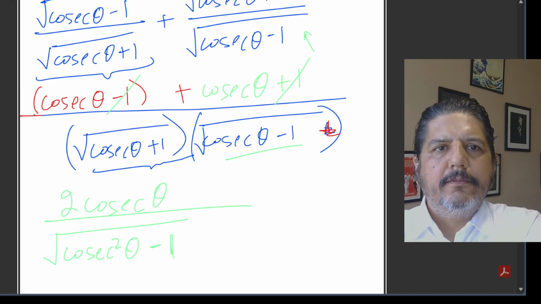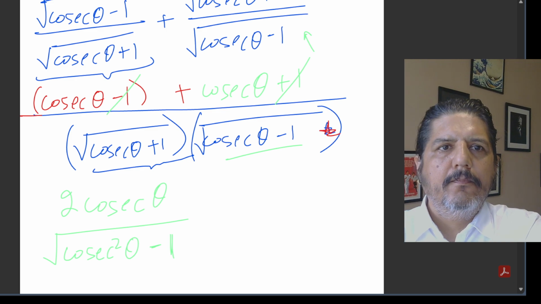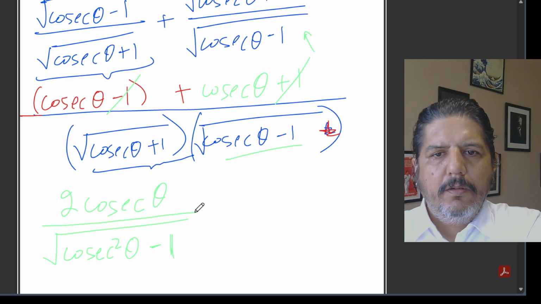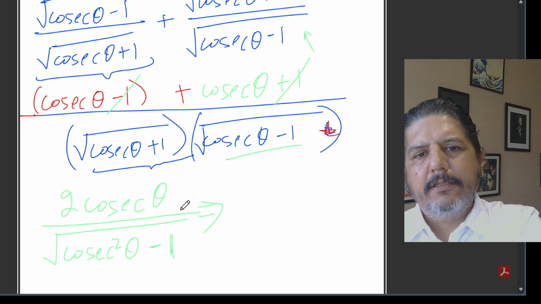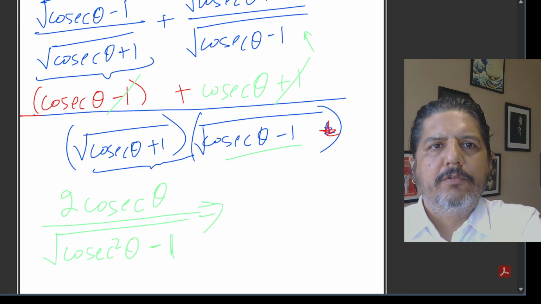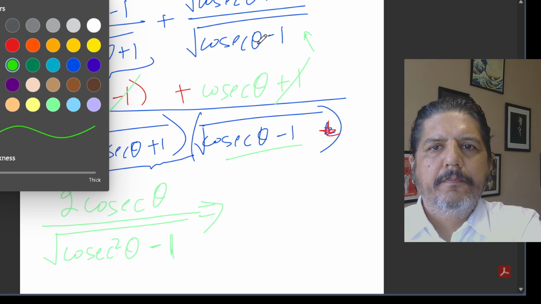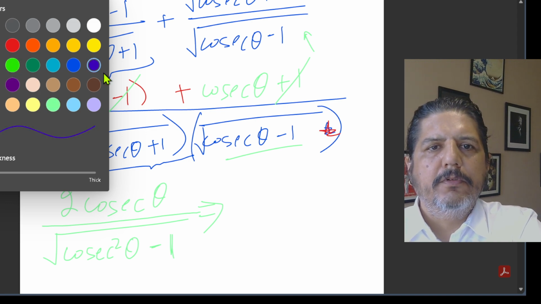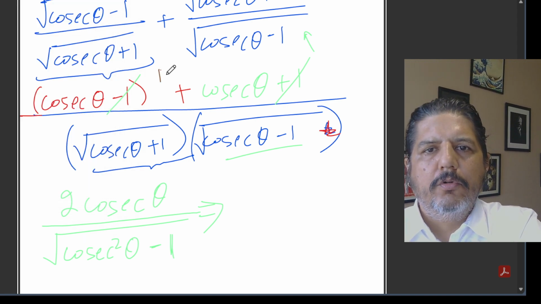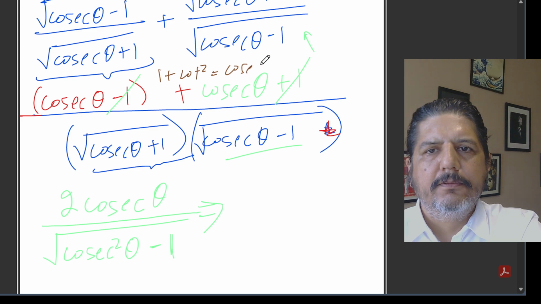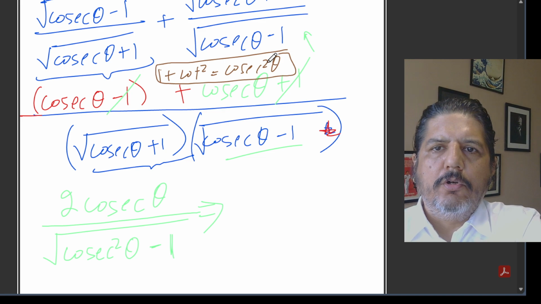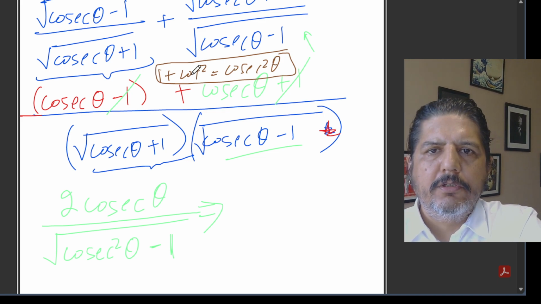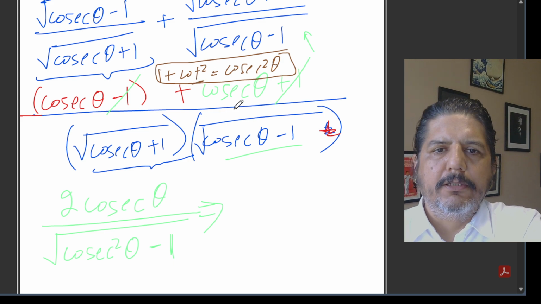Now I understand that 1 plus cot square theta is equal to cosec square theta. So cosec square theta minus 1 would be equal to cot square theta.